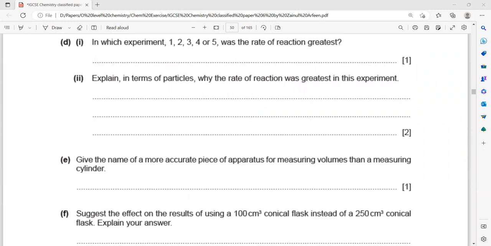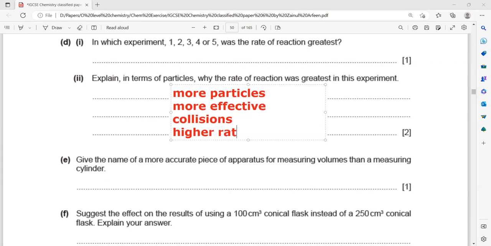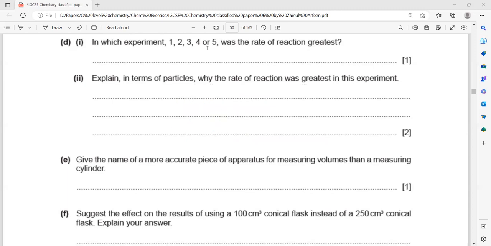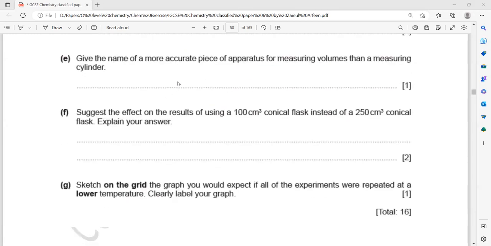There were more sodium thiosulfate particles per unit volume, so they had more effective collisions, resulting in a higher rate of reaction. So higher concentration of sodium thiosulfate means more particles, more collisions, and a faster rate.